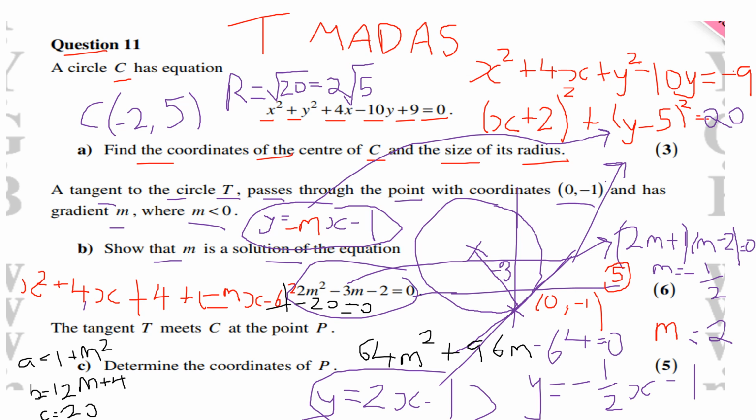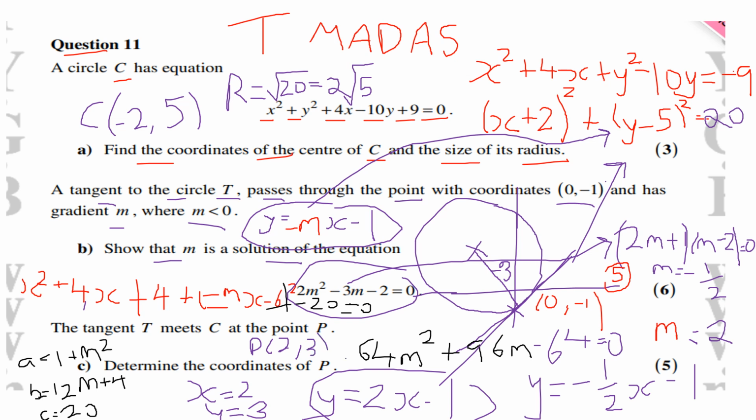Okay, so when I do that here, my x value is x equals 2. When I sub it into there, when x is 2, y will be 2 times 2 is 4, so y will be 3. And the coordinates of P would be 2, 3, but let's just double check here that I haven't got the wrong number.